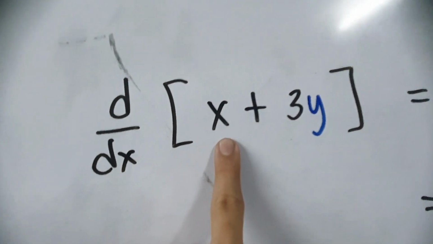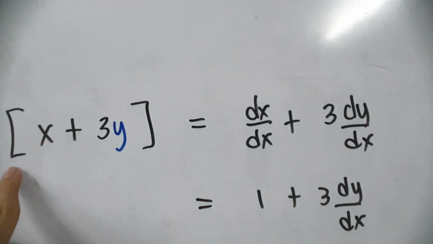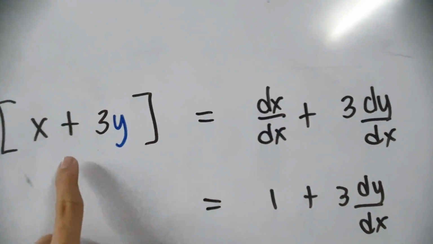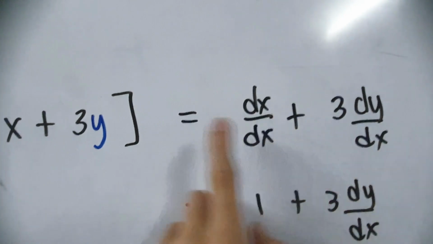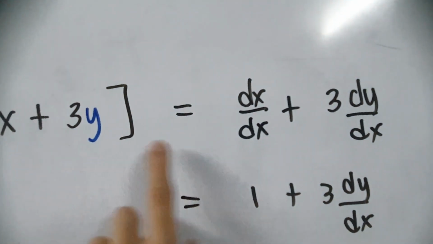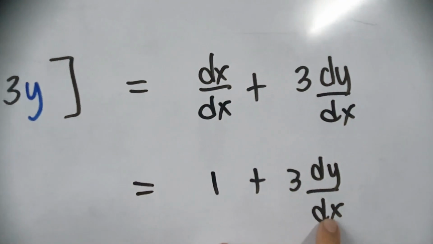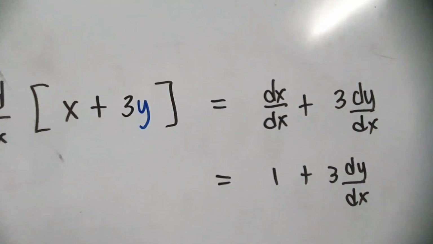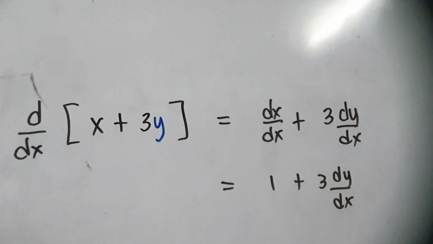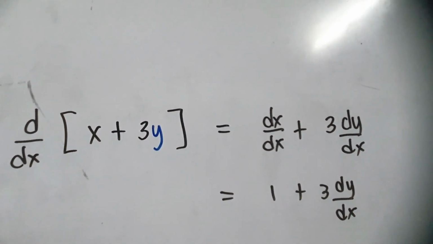This one is agreeing, so that is equivalent to dx over dx, which is 1. This one is a constant multiple rule, 3, and then the derivative of y, which is dy over dx. So we now come up with the result, 1 plus 3 dy over dx. That is the derivative with respect to x of x plus 3y.